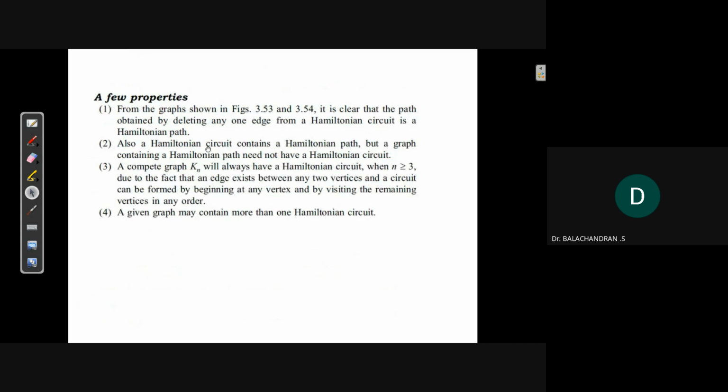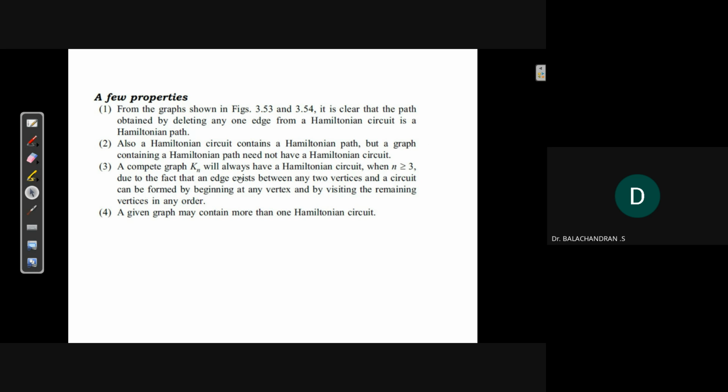Note 2: a graph containing a Hamiltonian circuit contains a Hamiltonian path, but a graph containing a Hamiltonian path need not have a Hamiltonian circuit.